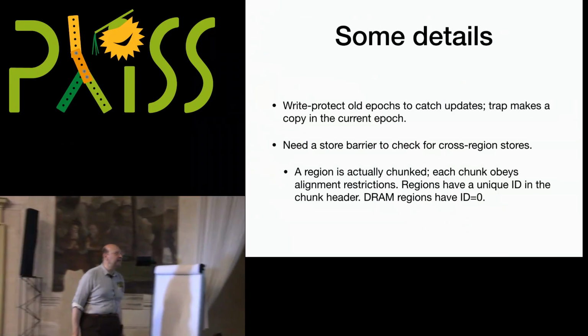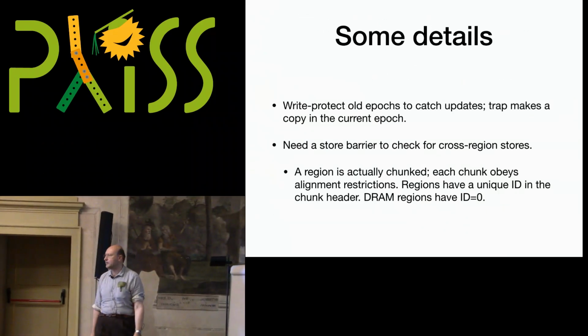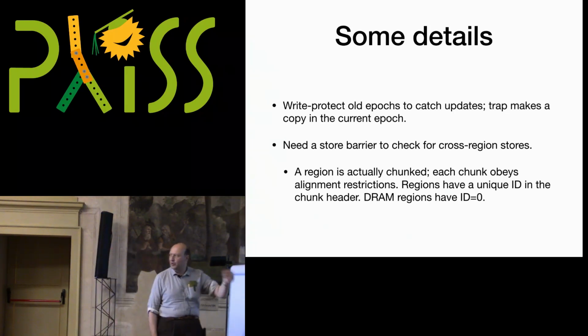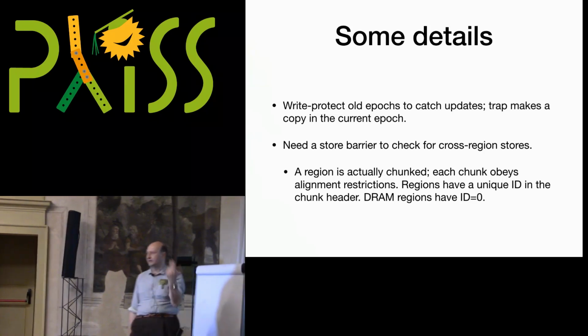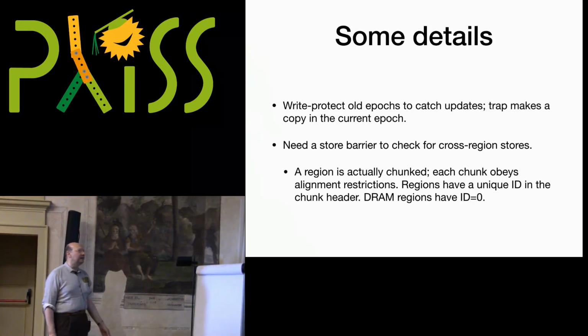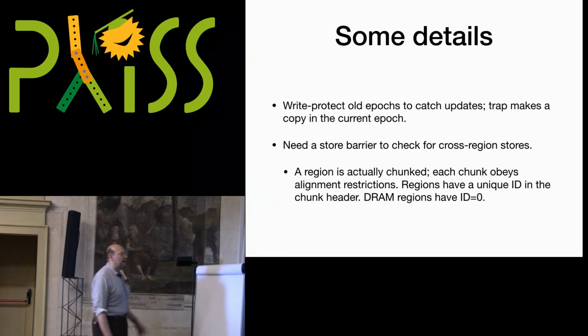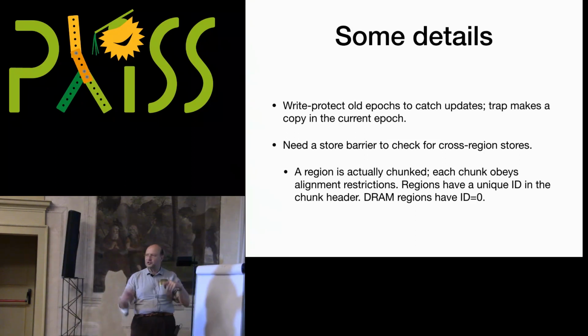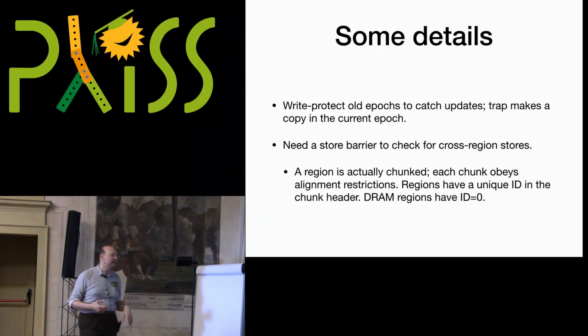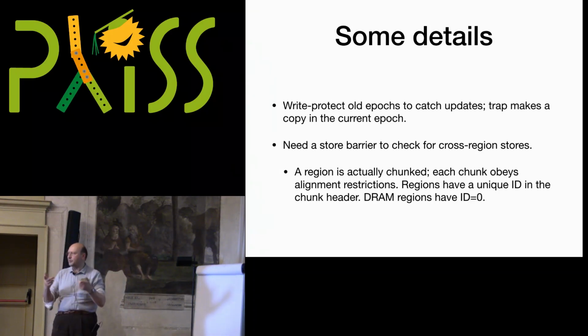Some additional details. My current scheme has write protection using virtual memory to write protect the older epochs, catch writes, do the copying, and patch up pointers. Not super fast, but not super slow either. We need some kind of a barrier check to check for cross-region stores. I don't see any way of removing those ahead of time. The compiler, I think, can optimize a bunch of them away, because the property doesn't change.